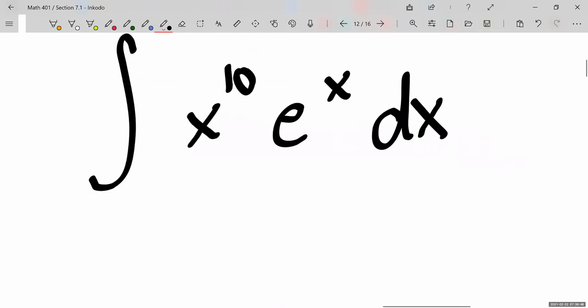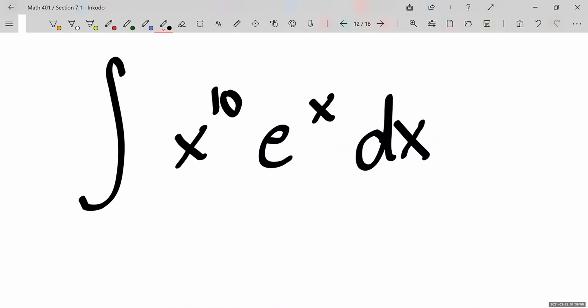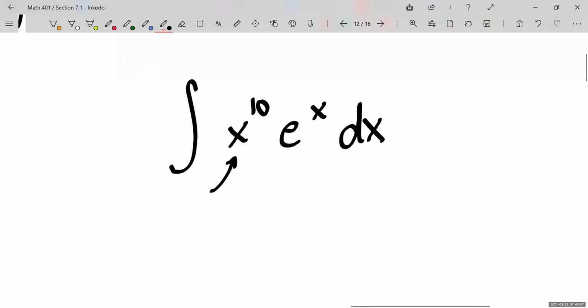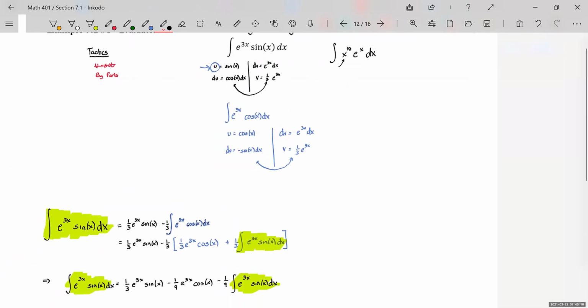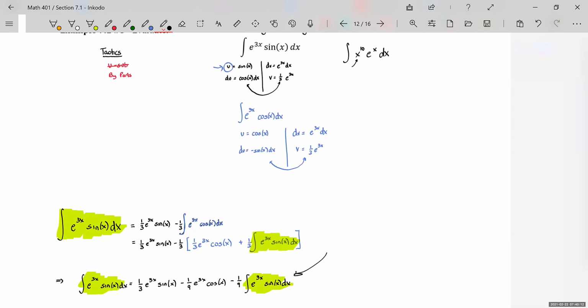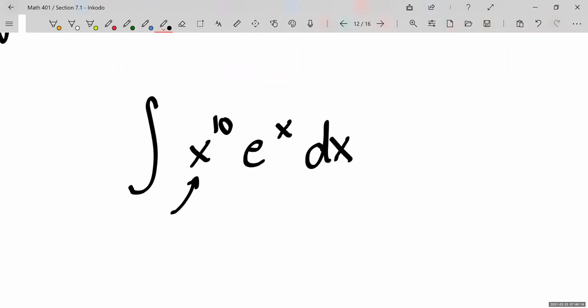I know that I can integrate both of those pieces. Okay, so then I change gears and I say, well, which one do I choose to differentiate? I want the derivatives to eventually change forms. Well, the derivative of a polynomial will eventually change forms. So this one I know will eventually work out without me having to arrive at the integral of itself. So here's a case where you will not have the same integral show up on the right-hand side.